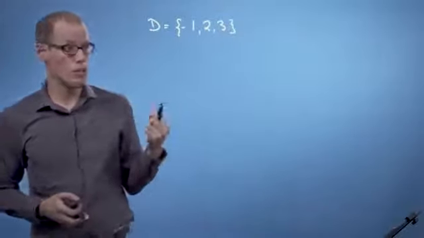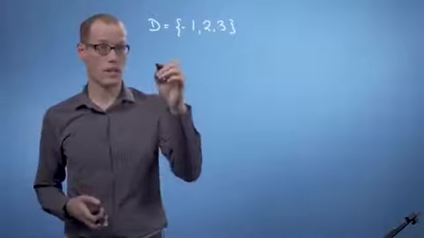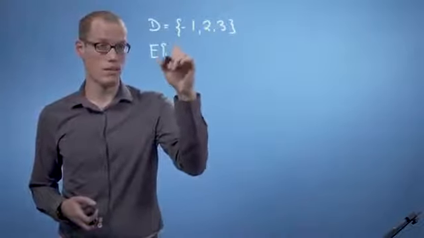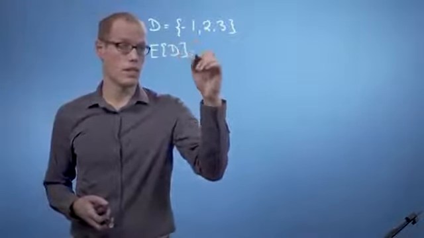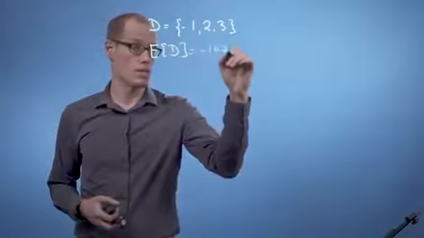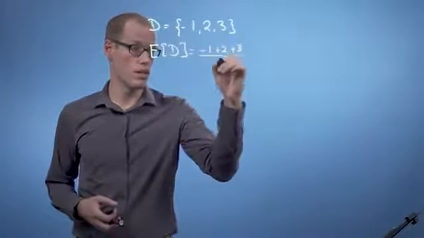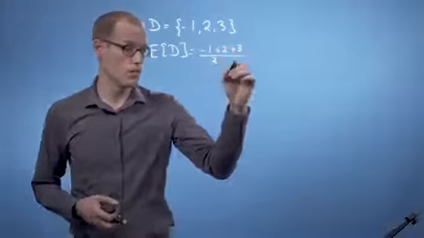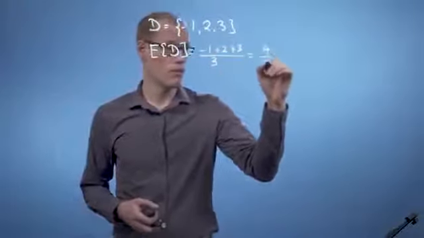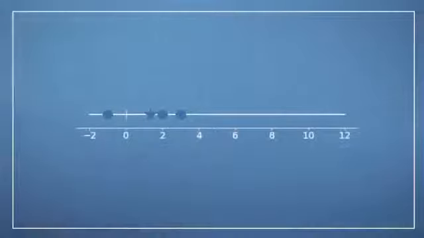Now let's compute the mean value of this data set to start with. So the expected value of D is -1 plus 2 plus 3 divided by 3, which is 4 over 3. So I'm indicating the mean value of this data set by this blue star.